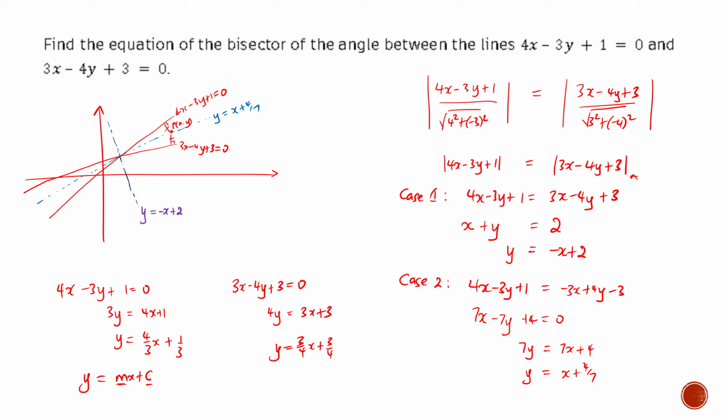Okay, so I've been asked to repeat the criteria for which we are able to draw accurate sketches. You really just want to write the equation of your line in the form y is equal to mx plus c. Then m will give you the gradient of the line.